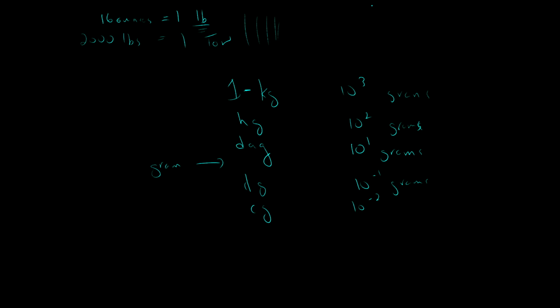Centi is 10 to the negative 2, deci is 10 to the negative 1, deca is 10 to the first, hecto is 10 to the second, kilo is 10 to the third. Always, no matter what the base unit is. It's the other good thing. And milligram, I think, is the one we're probably used to hearing because that's within our drug dosages. In medicinal doses, we tend to talk about things in milligrams.